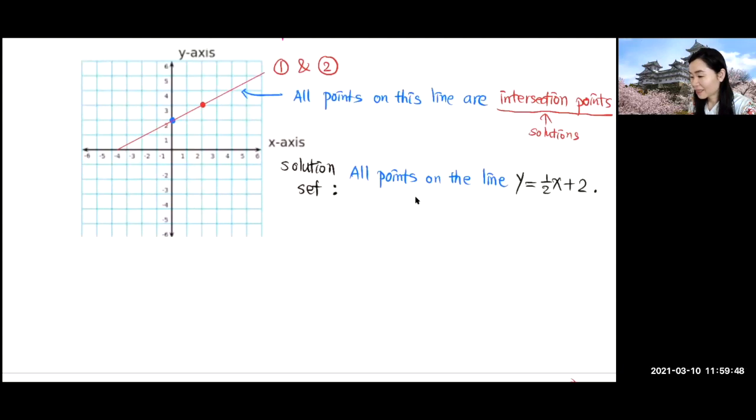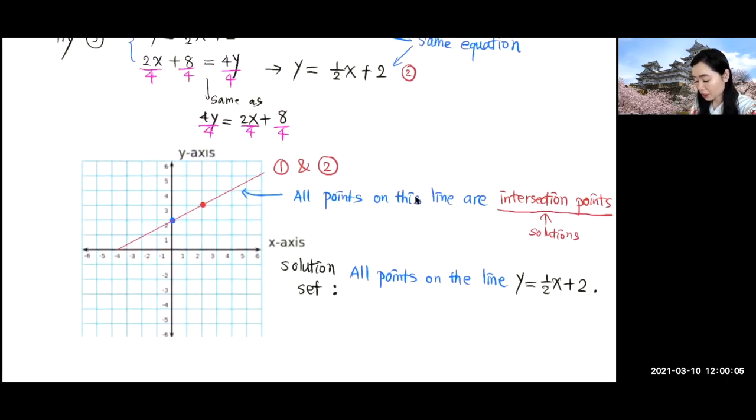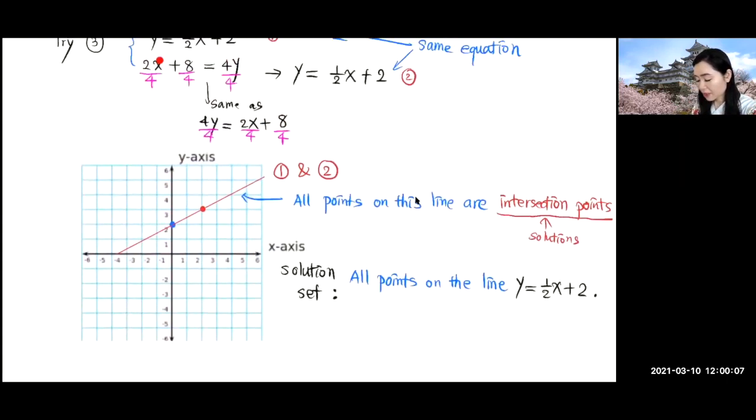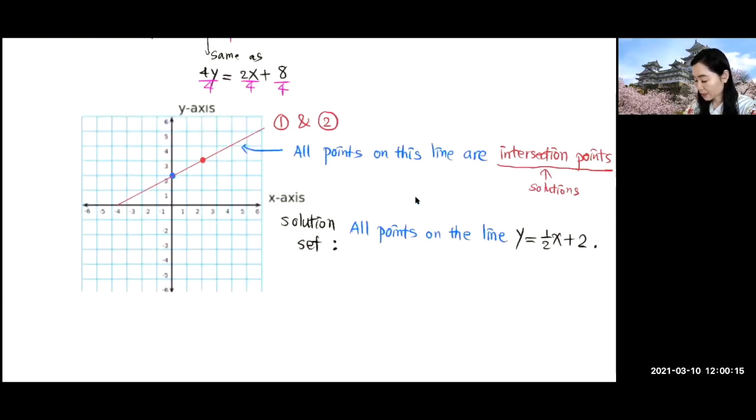So you write down the solution set will consist of all points on this line over here. Another way, instead of putting this equation, you can also put down the other equation, which is this equation here, because this equation is equivalent to this equation. These two are equivalent. So you can either put this one or this one.